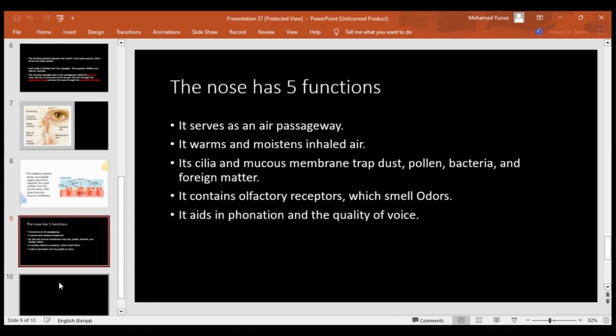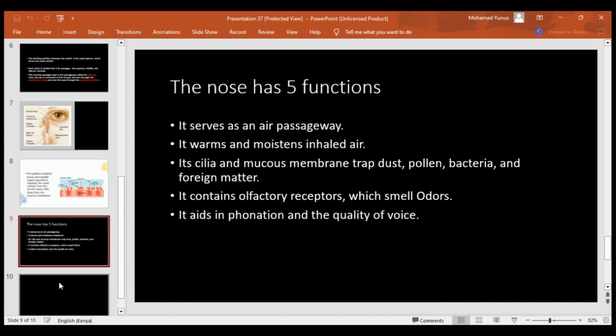It also warms and moistens inhaled air. Another function is that its cilia and mucous membrane trap dust, pollen, bacteria, and foreign matter from going into the alveoli.